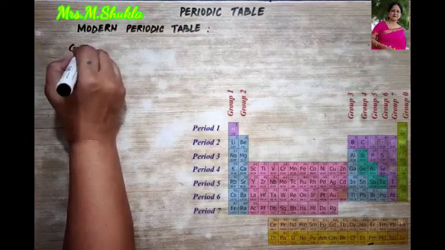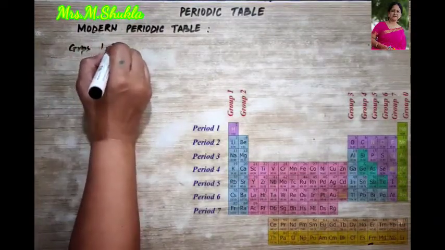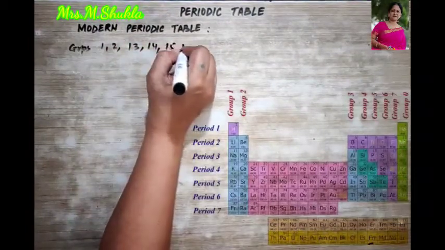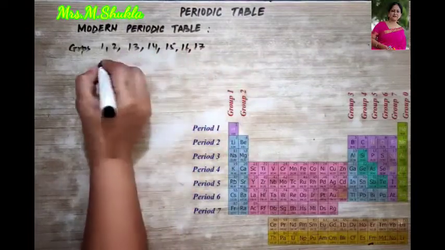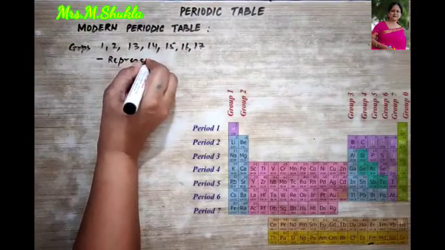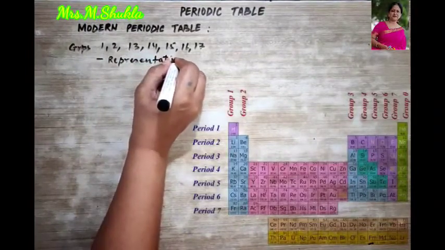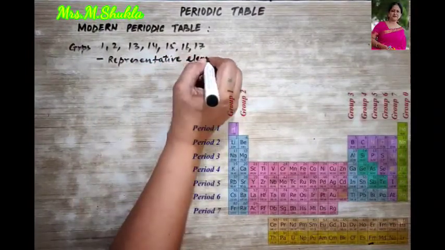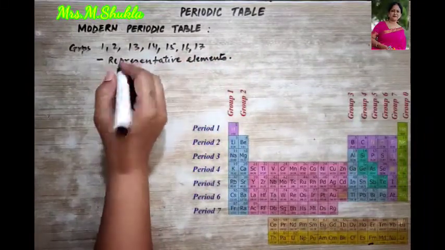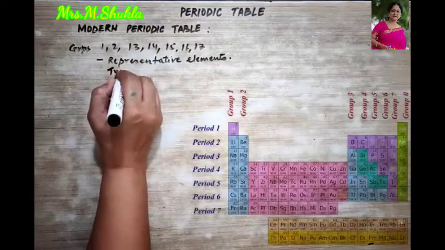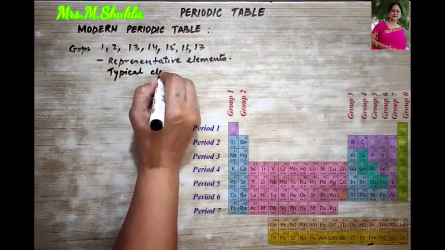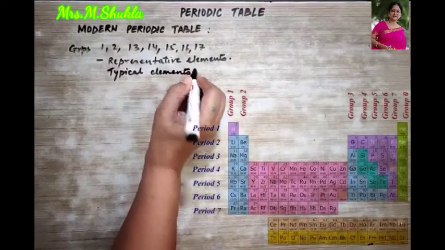Groups 1, 2, 13, 14, 15, 16, 17 are termed representative elements. In the representative or typical elements, the outermost shell is incomplete.